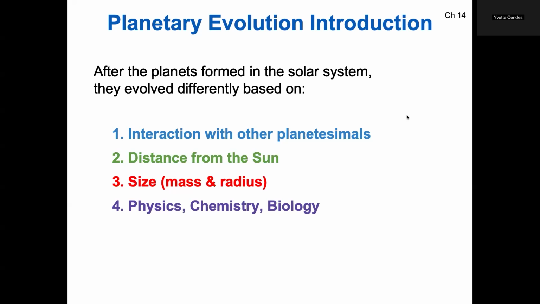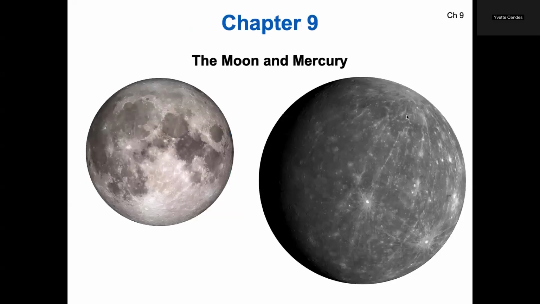Sometimes you hit other things, sometimes you hit fewer things. Distance from the sun, how close you are to the sun, somewhat depends then on what you ended up becoming. The size of the thing, and the physics, chemistry, and biology, in the case of Earth, maybe others, we'll discuss more later.